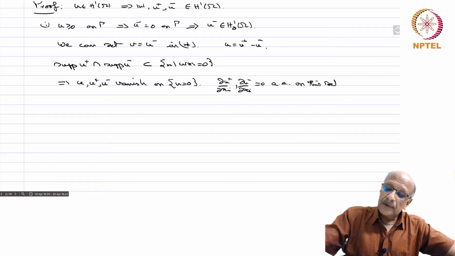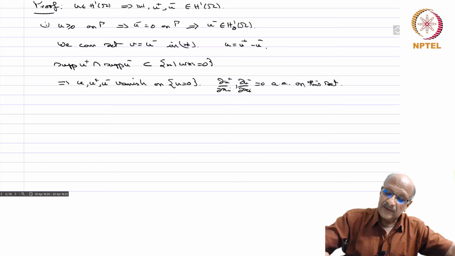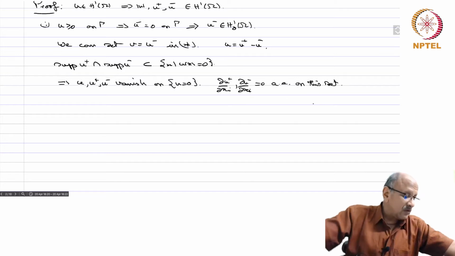These are all properties which we proved. Whenever you have u equals constant, then you have u plus, du by dx_i, du minus by dx_i vanishing there. Of course this set may be of measure 0, that is a different point, but even if it is not of measure 0, this is always true.